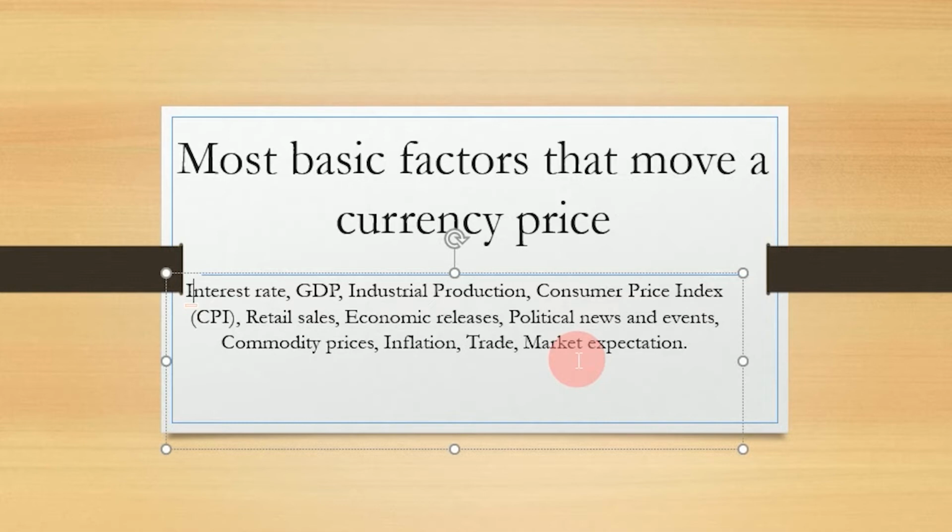These are the most basic factors that shift the value of a currency in the forex market. These factors change the supply and the demand of a currency in the forex market. I'm going to talk about all of these one by one.